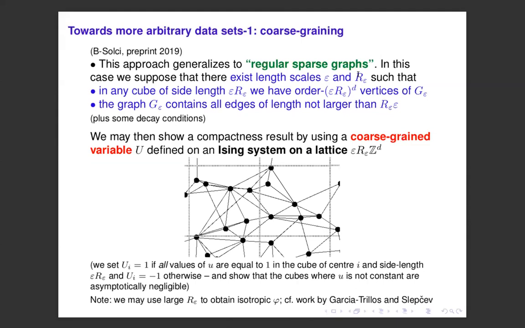But then we have a larger scale, R epsilon. Here I have not mentioned it, but epsilon times R epsilon must still be small.